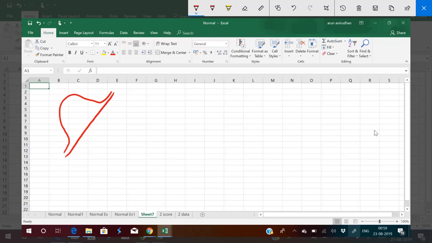That is represented by mu and sigma, and then mu, one standard deviation, two standard deviation, and it is same to the left side. And I told you about 68 percentage, 95 percentage, 99.7 percentage, and then Z score.